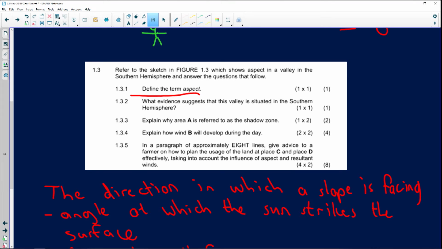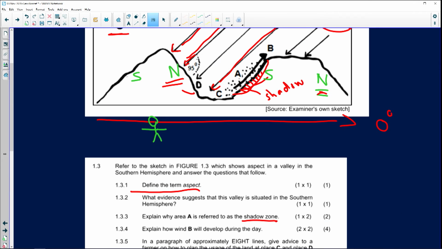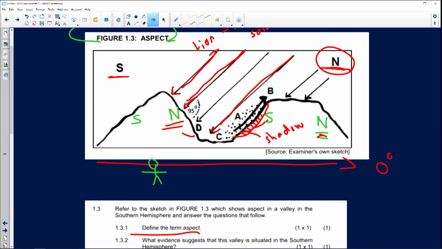Now, I've just mentioned this a couple of minutes ago. Explain why area A is referred to as the shadow zone. There's area A. I've even shown you the shadow zone, because they don't receive direct insolation. You can see the insolation traveling past the south-facing slope.